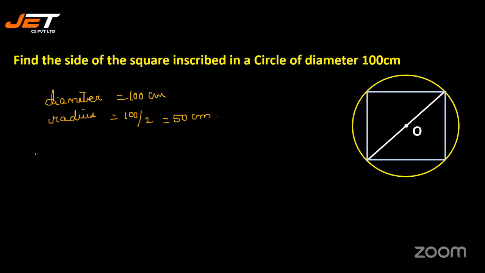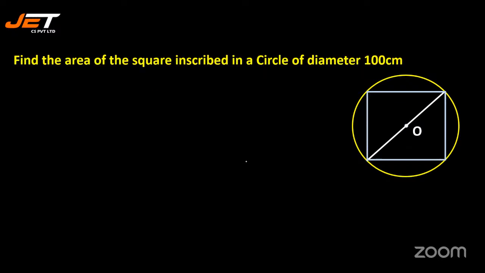Right? So length of the side is r root 2. What is r? 50 into root 2 centimeter. Okay. So hope you all are getting the same answer. Let's move on to the next question.